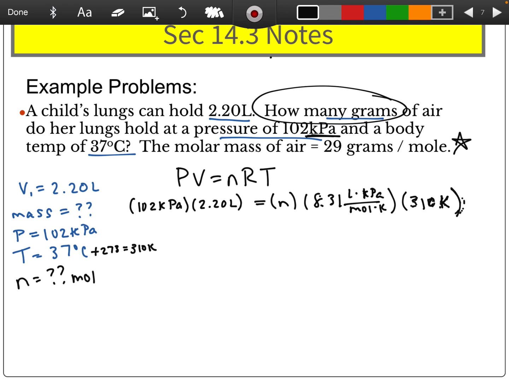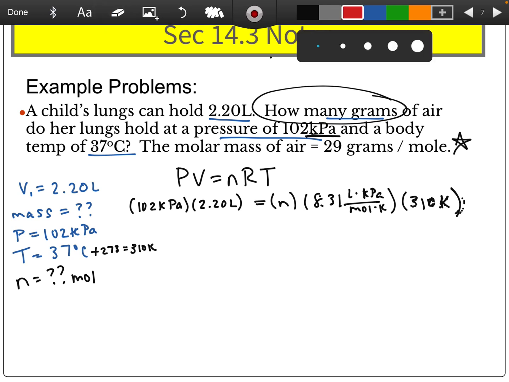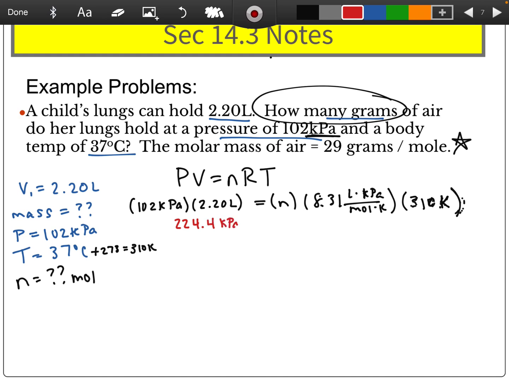Okay. So then I'm going to solve the left side of the equation. So 102 times 2.20. I'm going to use a different color here so we can make sure everything stays separate. And then we have kPa times liters is equal to N, which we don't know. And then I'm going to take 8.31 times 310 to give me 2,576.1. The only unit that cancels out is Kelvin.